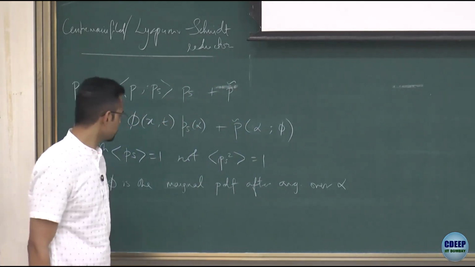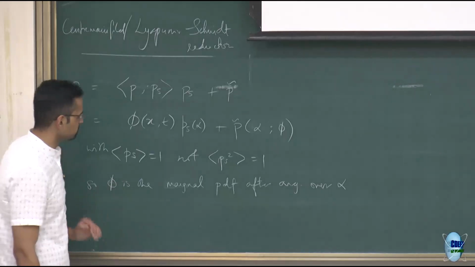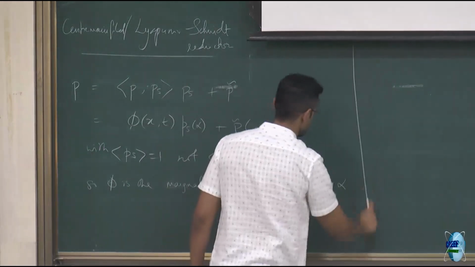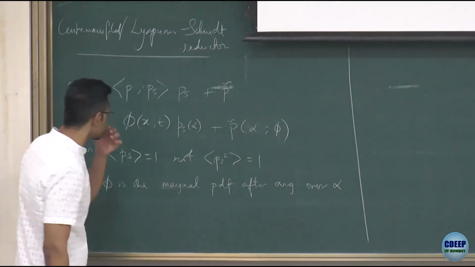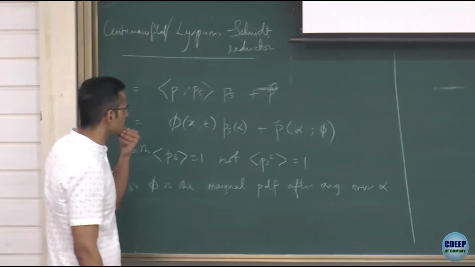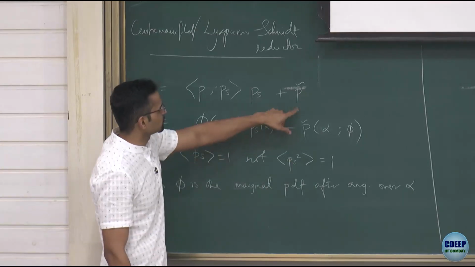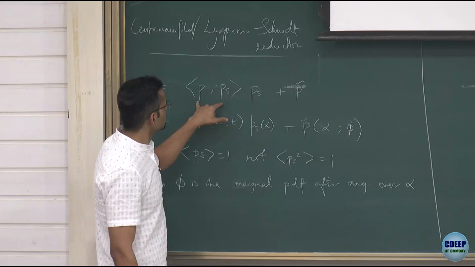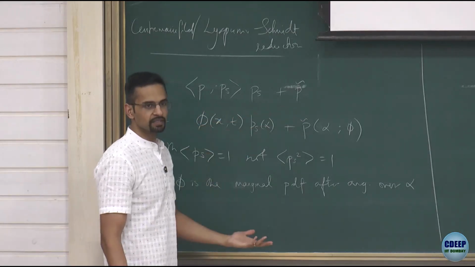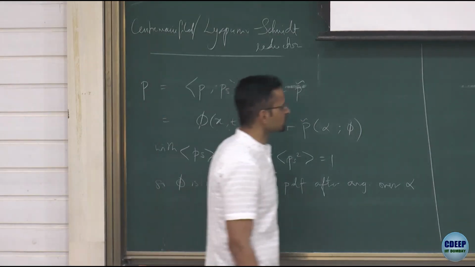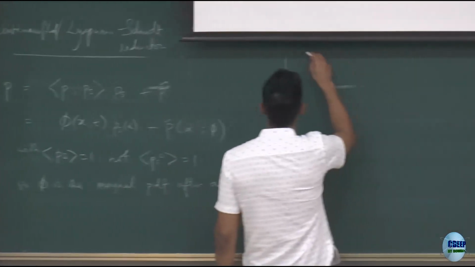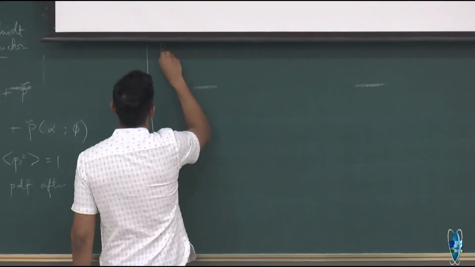This is what I want. Okay, so that's good. So of course, this also means that the integral of p tilde with ps is 0, because it's not in the null space. Fine.